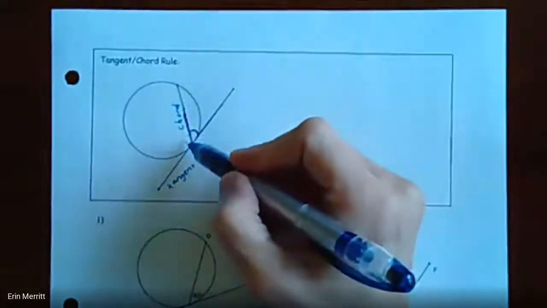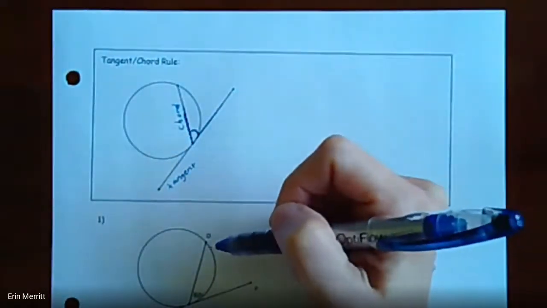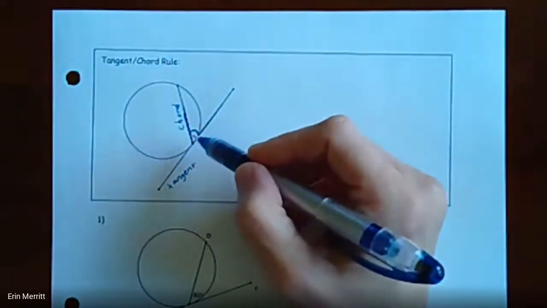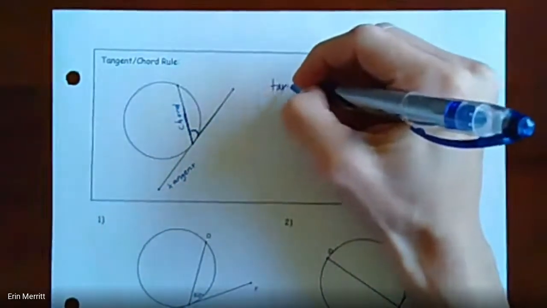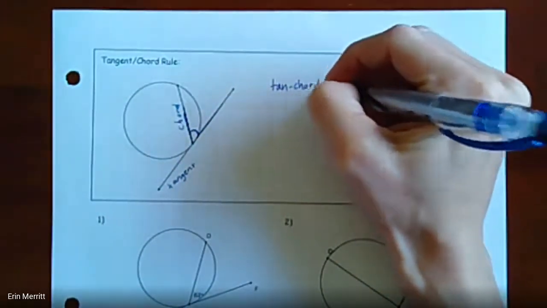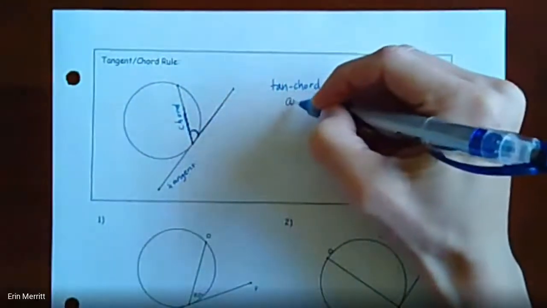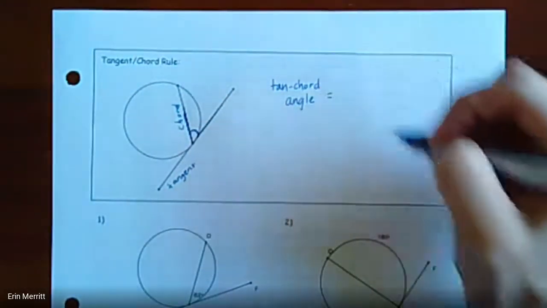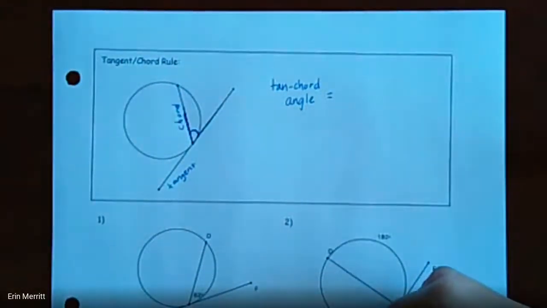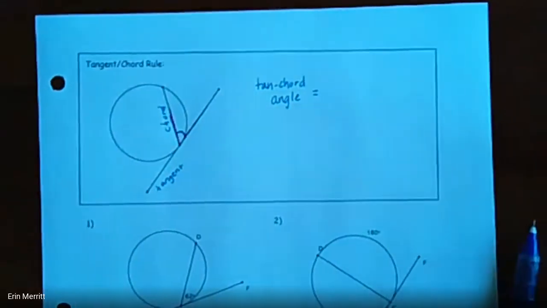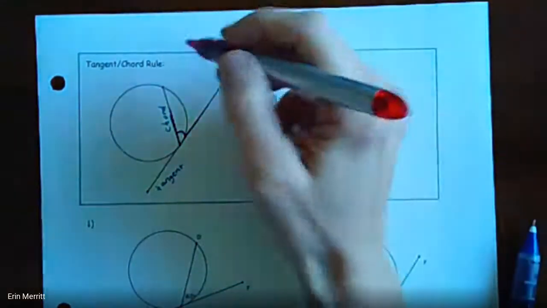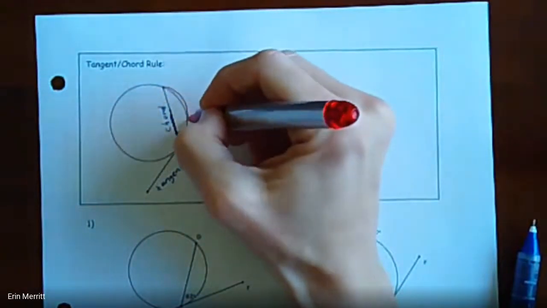Or technically, the angle next to it as well would also be a tangent chord angle. But the easiest way to see this, and I'm going to abbreviate it to tan chord instead of tangent chord, but the tan chord angle is actually the same rule as the inscribed angle. It's going to be equal to half of the arc that it intercepts.